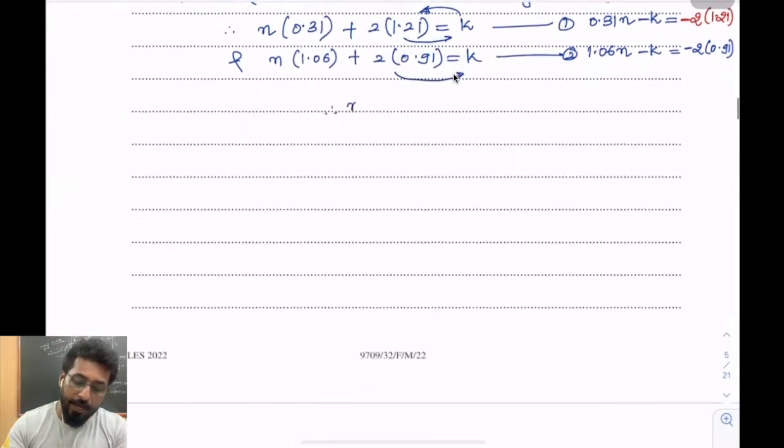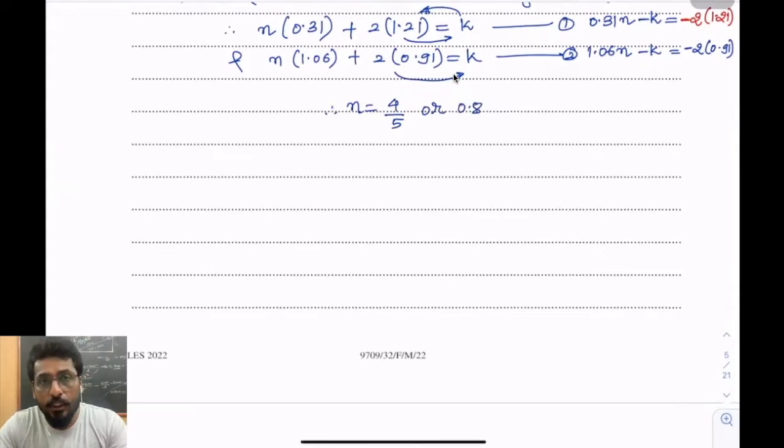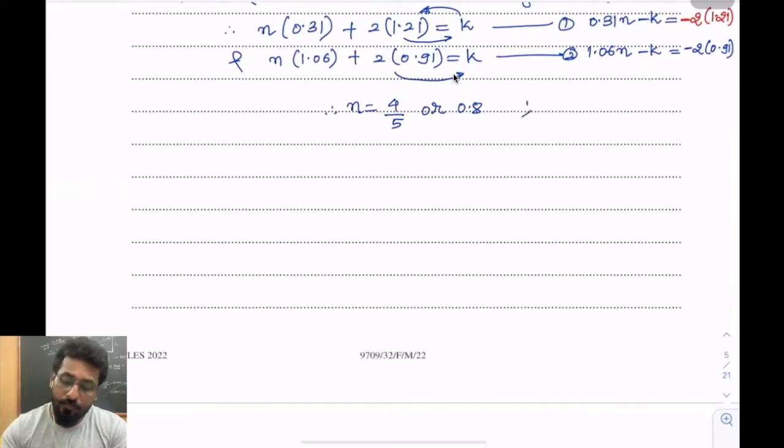The value of n has come 4/5, or you can say 4/5 is going to be 0.8, right, students? So the value of n is 4/5 or 0.8, and the value of k has come 667 divided by 250.